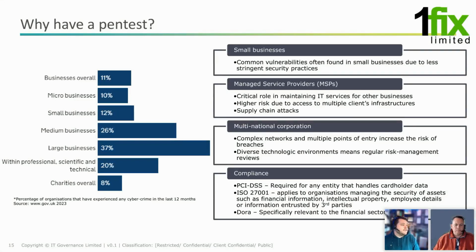Because they're generally bigger and spread across the world, there are more technologies used and often more complexity. Because the attack surface is larger, there's an increased risk that there are more ways in. So right from the small business through to the multinational, they all need a pen test.